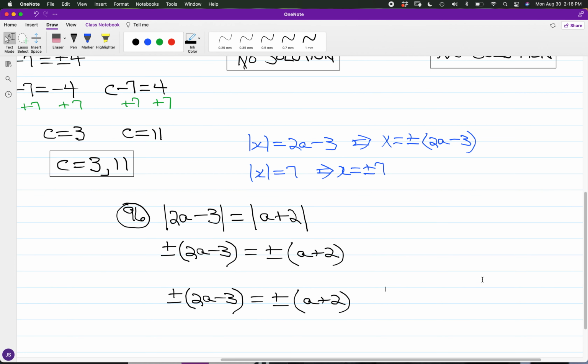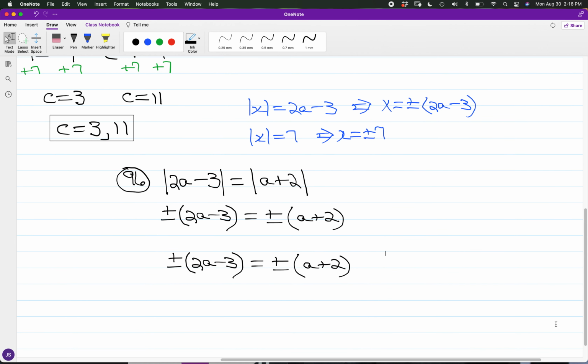To solve for a, now you have up to 4 possible statements, but I need only 2, where you have opposite sign expressions and also same sign expressions. Say I work with the positive of 2a minus 3 and set this equal to the positive of a plus 2.